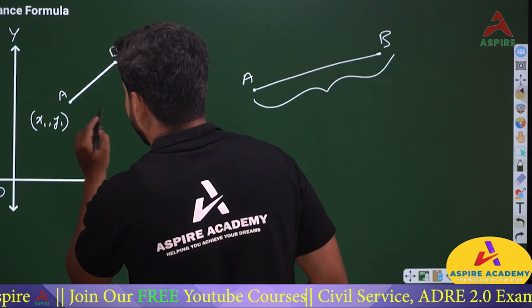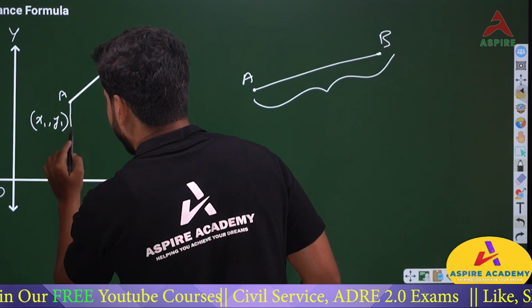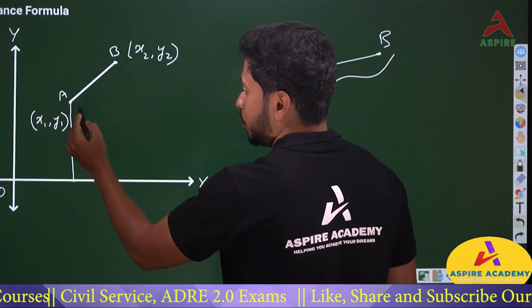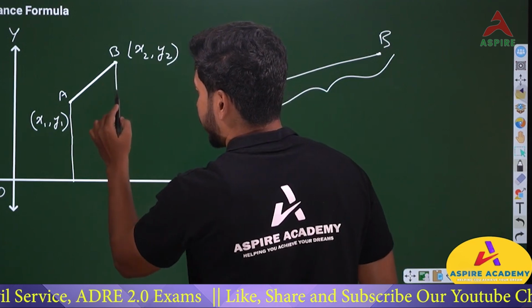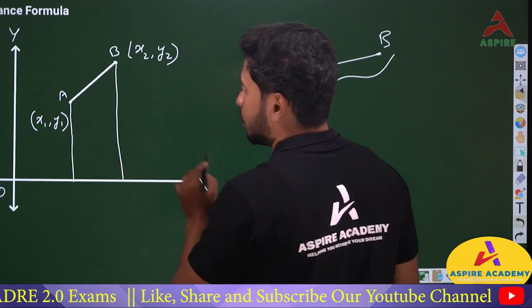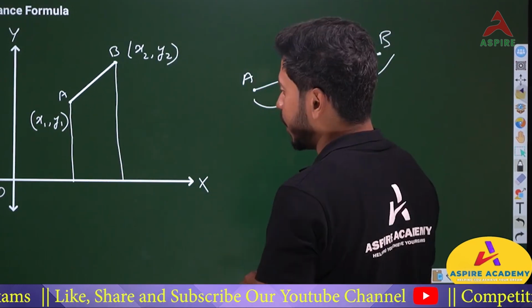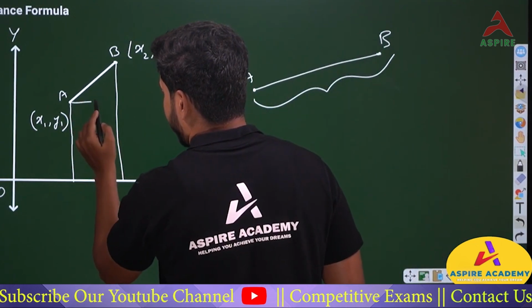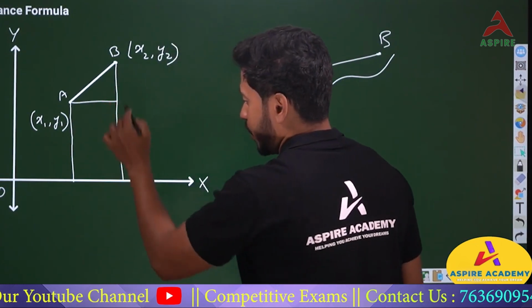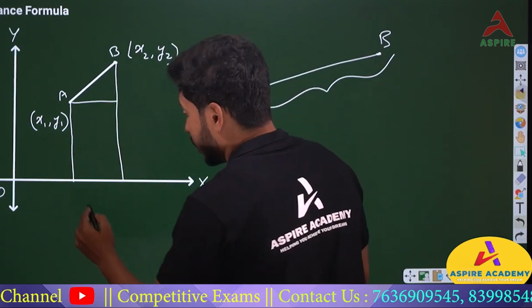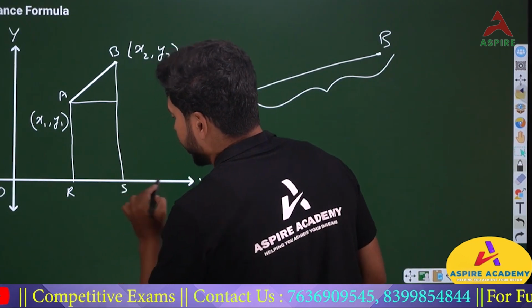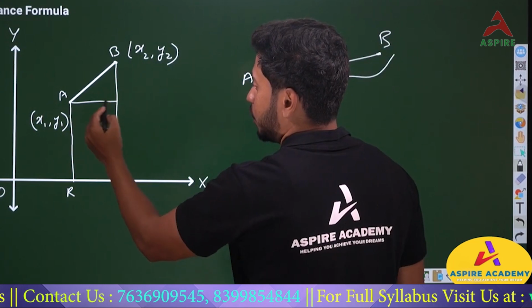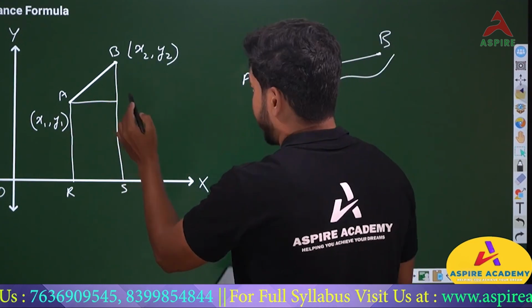Now we have to draw a perpendicular on the x-axis from point A, and a perpendicular on the x-axis from point B. From point A we draw a perpendicular on this side, call this R and this S. On BS we have drawn a perpendicular, we can say AT.